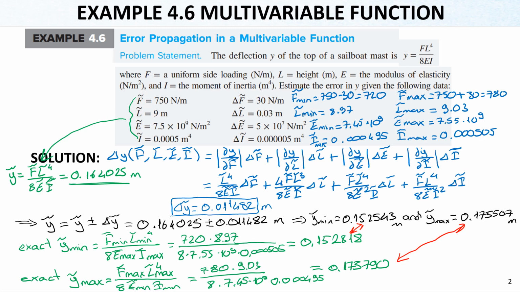We can say the predictions of propagated errors actually are close enough. So this example shows us that the first order Taylor series is a good approximation of the propagated error when we compare with the exact values.